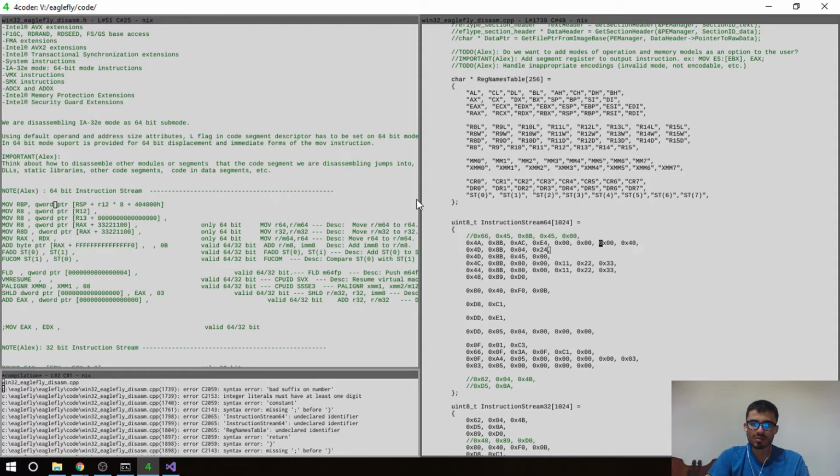We can put whatever here, it's a 32-bit displacement, so this is pretty good.